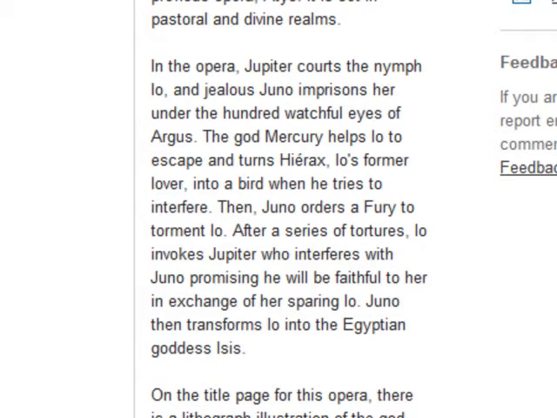This is all madness I'm reading, man. After a series of tortures, Io invokes Jupiter who interferes with Juno, promising he will be faithful to her in exchange for sparing Io. Juno then transforms Io into the Egyptian goddess Isis.